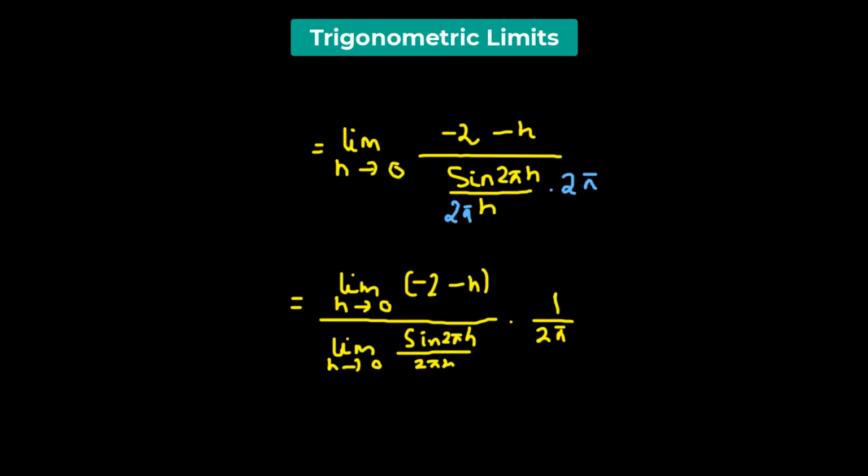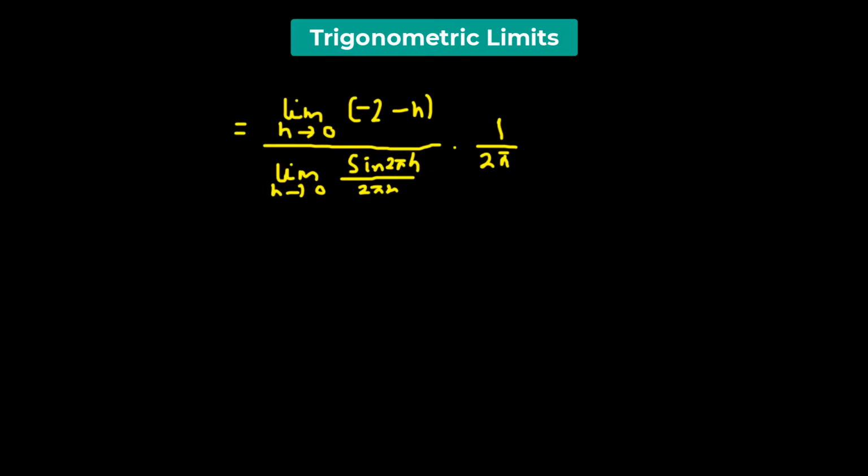Now we apply the limits. So our numerator will be negative 2 minus 0 divided by, now we have sine 2 pi h over 2 pi h. So the limiting value is going to be 1.